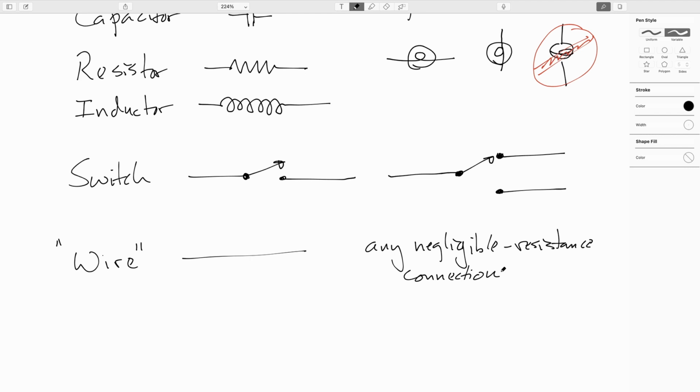However, this symbol for a wire could just mean that you literally physically connect the two things together. So for instance, if you were, say, attaching a resistor and a capacitor together like this. So I have a resistor and a capacitor, like so.